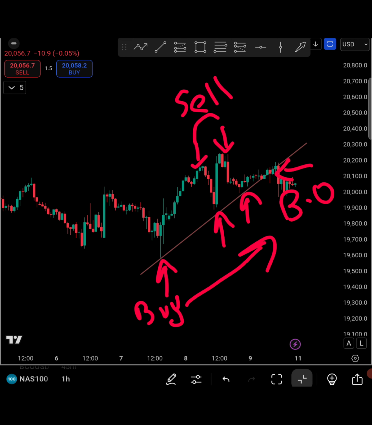So now, until you master all these, focus on following the trend, buying in an uptrend, selling in a downtrend.